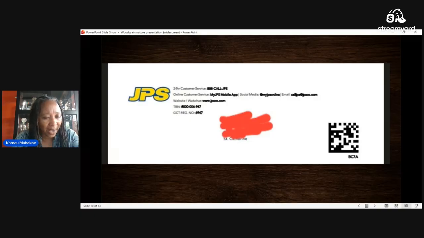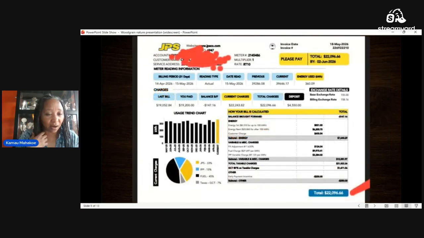There's also the My JPS mobile app that you can download on your phone and check your bill. And you can email JPS, or call JPS at jpsco.com. So all the different avenues that you can take, if you have queries, if you have suggestions, if you have anything at all you want to ask JPS, right? Everything is on the bill.